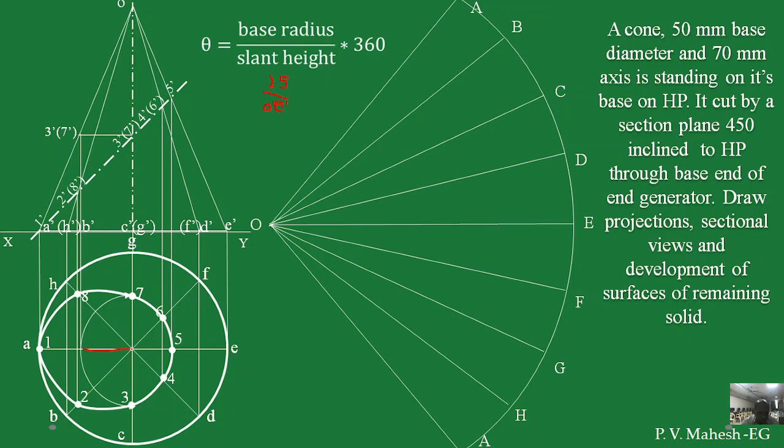Now I have to identify all the points 1 2 3 4 5 6 7 8 on the true length of the generators. The true length of the generator is OE. So draw the locus lines of all the points onto OE.